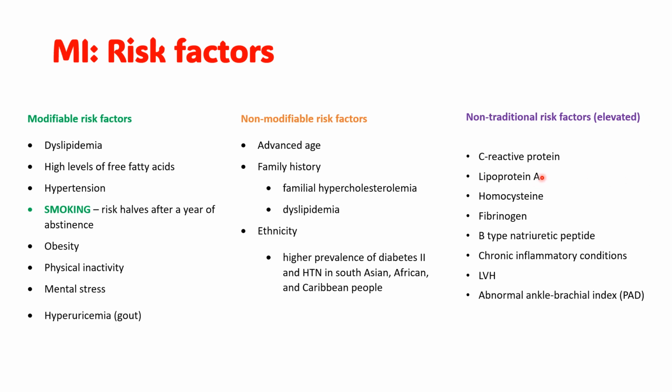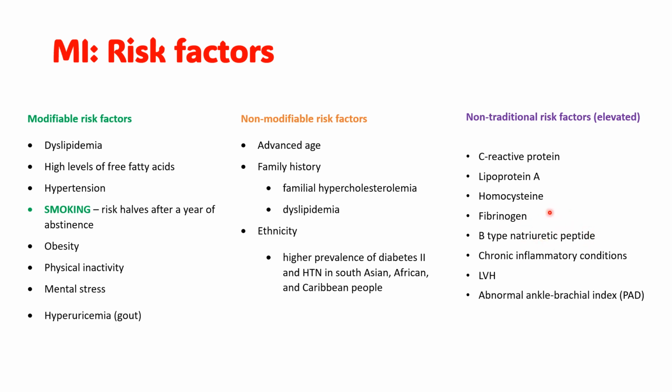Lipoprotein A, which normally inhibits thrombolysis. So if this is elevated, there's an increased risk of thrombosis. Fibrinogen, which leads to clot formation too. B-type natriuretic peptide. Natriuresis means the excretion of sodium.